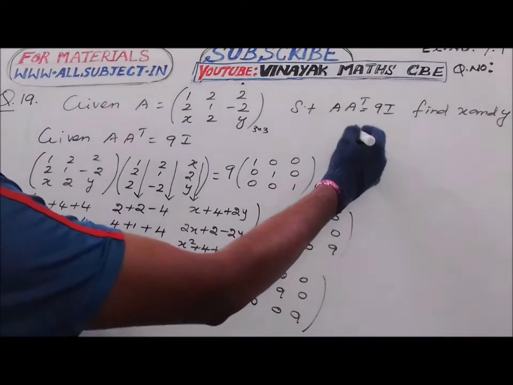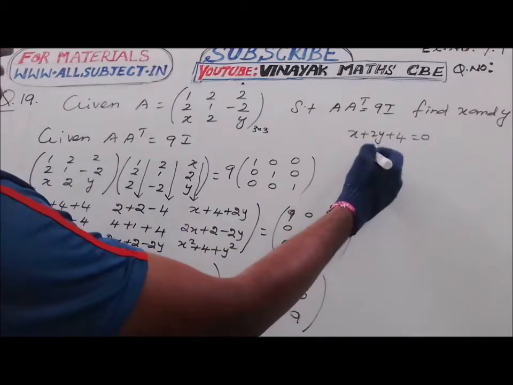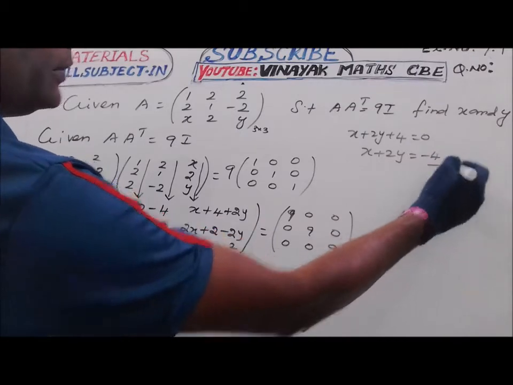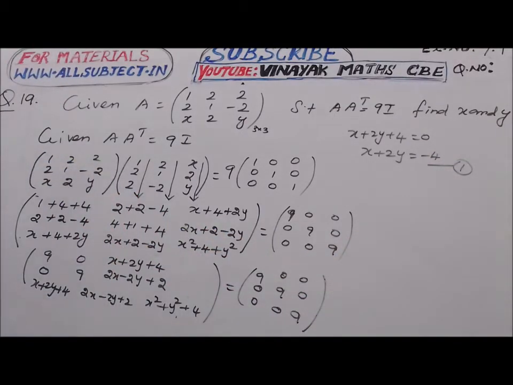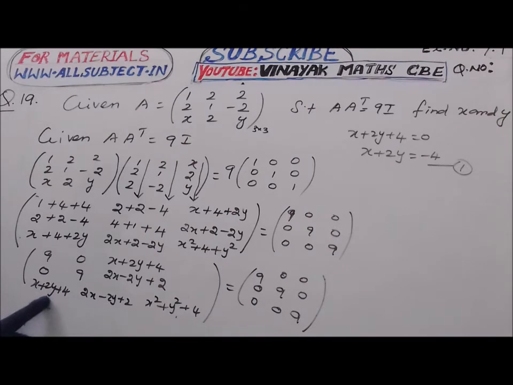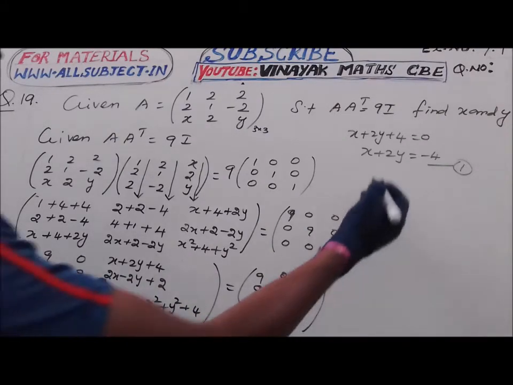Now equating the corresponding elements: from the last entry in the first row, x plus 2y plus 4 equal to 0. From this we get the equation x plus 2y equal to minus 4, let it be equation number 1. If we equate the other entry also, we get x plus 2y equal to minus 4 again, so we need not take this one. Then if we take the third element in the second row, 2x minus 2y plus 2 equal to 0.